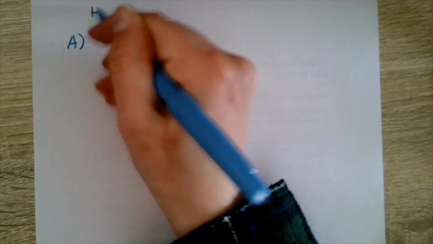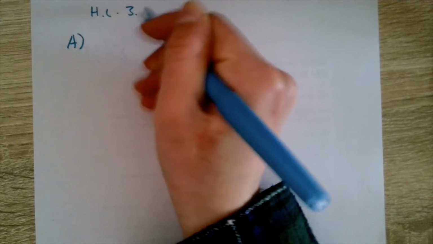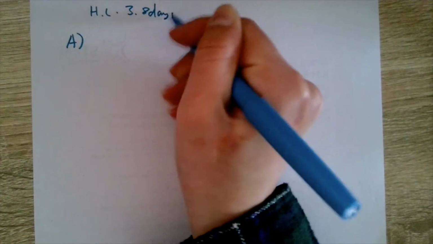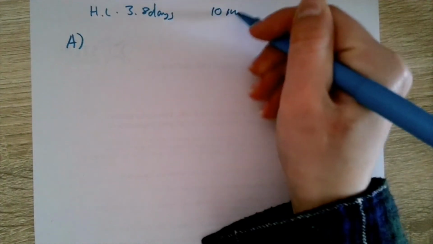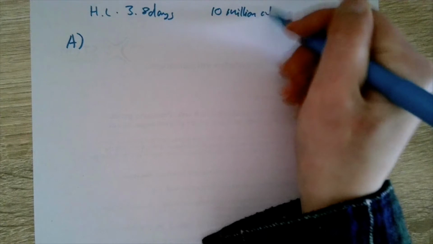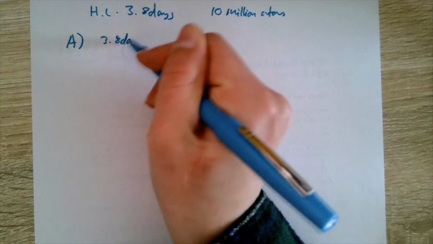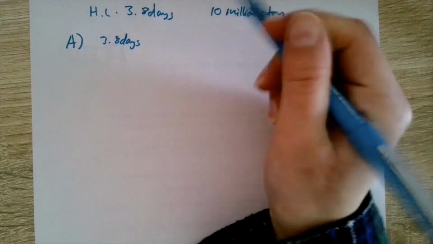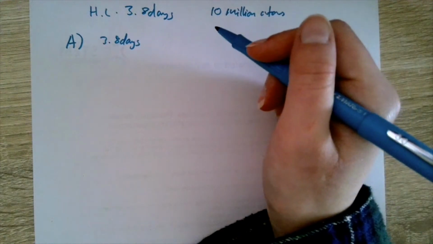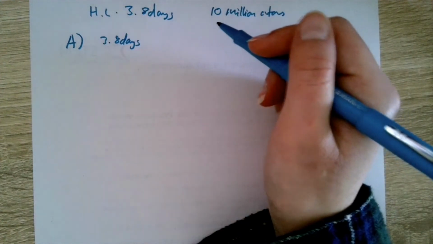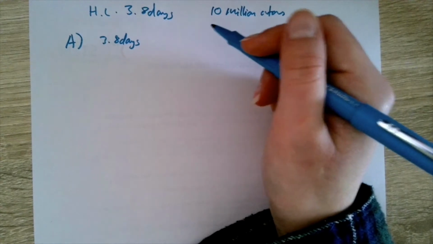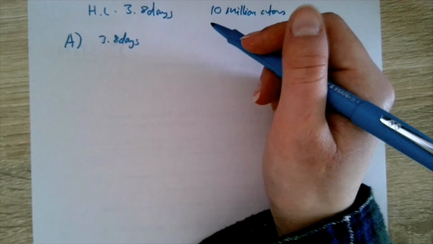Our half-life is 3.8 days, and we've started off with 10 million atoms. We're asked about how many undecayed nuclei are left, so we're looking at the number of unstable nuclei which are ready to decay.